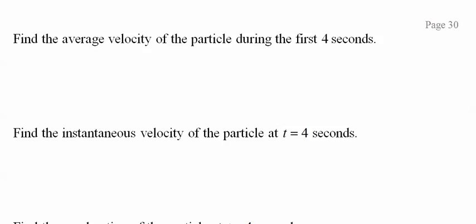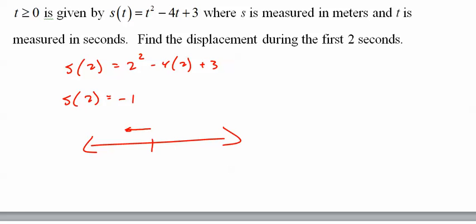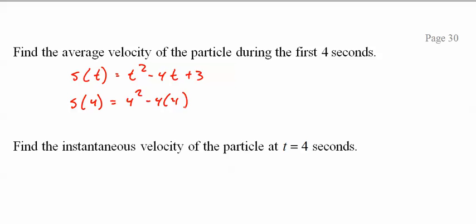Find the average velocity of the particle. T squared minus 4t plus 3. Average velocity. How far does it go in 4 seconds? How far does it go in 0 seconds?